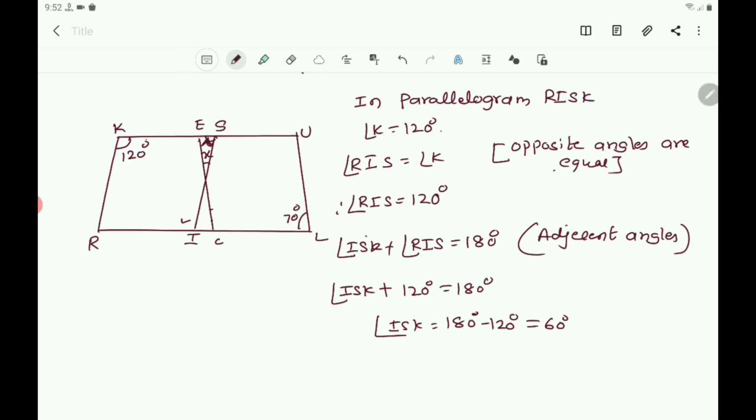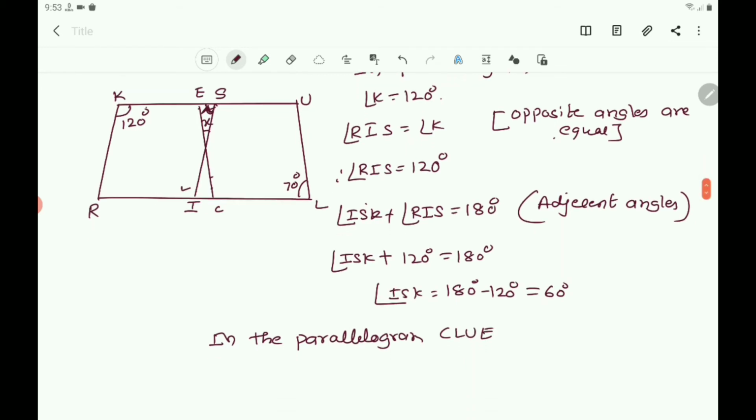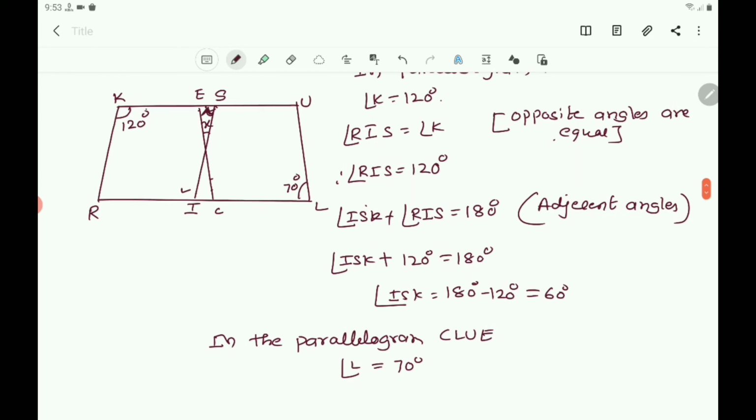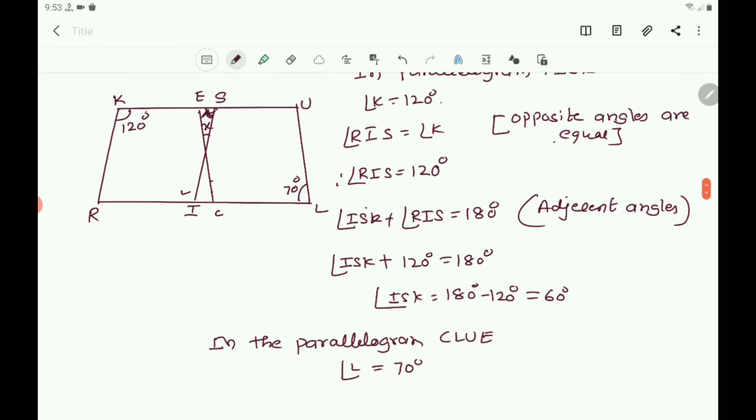Now you come to the parallelogram CLUE. Here angle L is given. Angle L is equal to how much? 70 degree. Then its opposite angle is which angle?